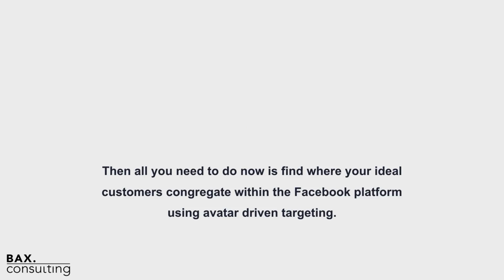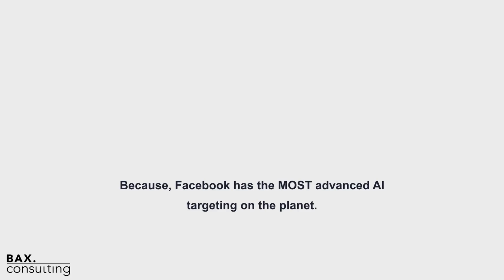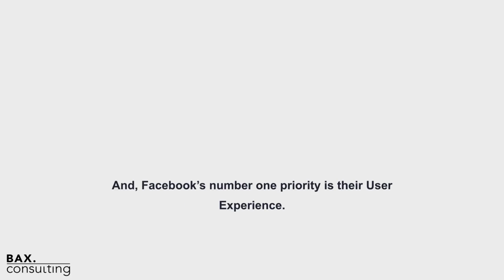If you do those two things right, then all you now need to do is find where your ideal customers congregate within the Facebook platform using avatar-driven targeting. And to be honest, this is the easy part, right? Because Facebook has the most advanced AI targeting on the planet. And Facebook's number one priority is their user experience. They don't care about anything else other than user experience.